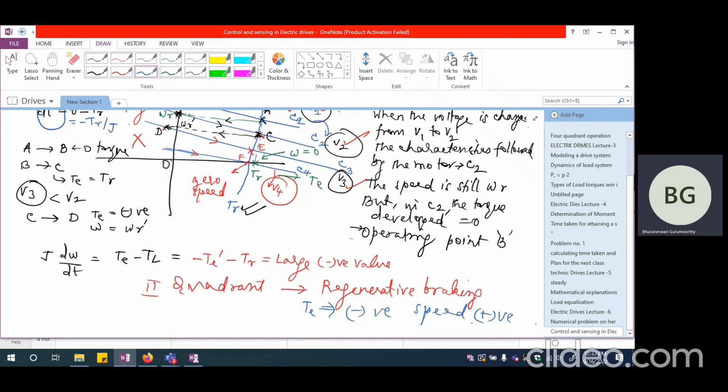So this is repeatedly used whenever we want to reduce the speed or increase the speed, acceleration and retardation. When we want to do that, we have to ensure that the appropriate value of torque is developed. During acceleration, you have to probably develop a very huge torque because you again have J d omega by dt, where d omega by dt has to be positive. So J d omega by dt also has to be positive. That will be added to the load torque ultimately to develop a huge electromagnetic torque from the motor side so that acceleration takes place properly at the required rate.